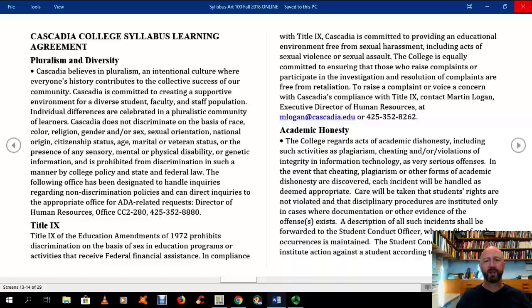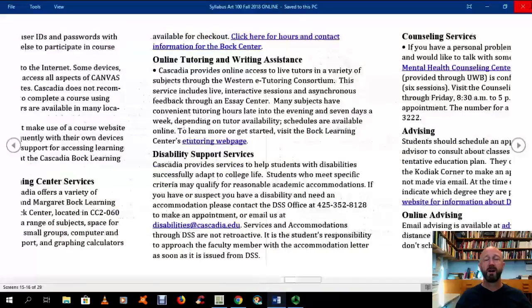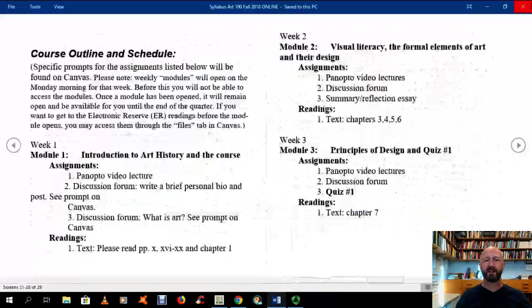If I catch you plagiarizing, cutting and pasting things that you find on the web, which is easy, by the way, to find out these days, I'll fail you on that assignment, and if you have 1 or 2 strikes on this, you will be reported to Cascadia.